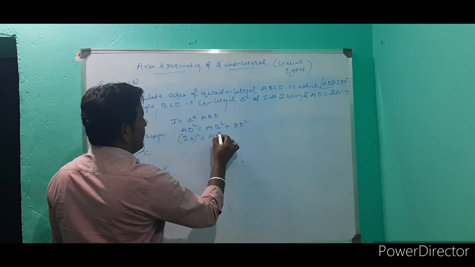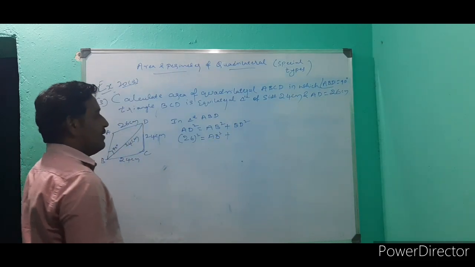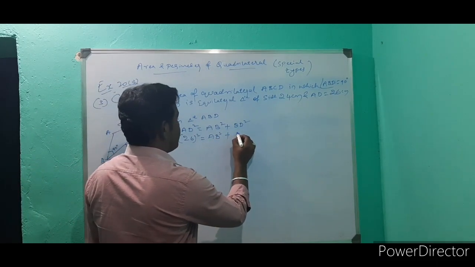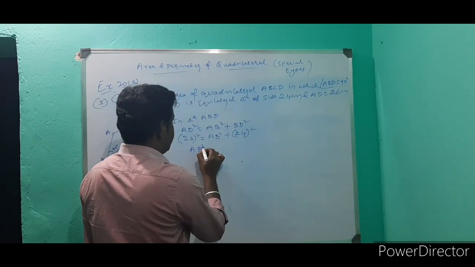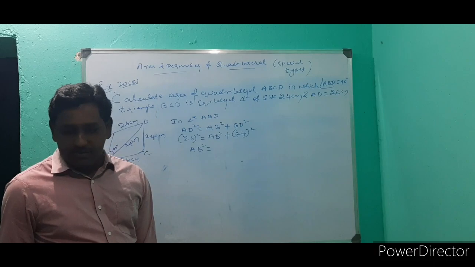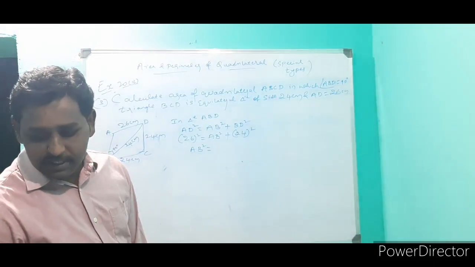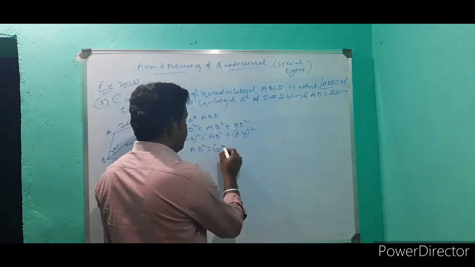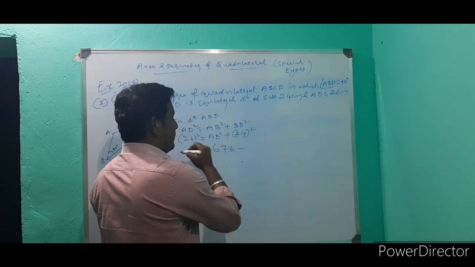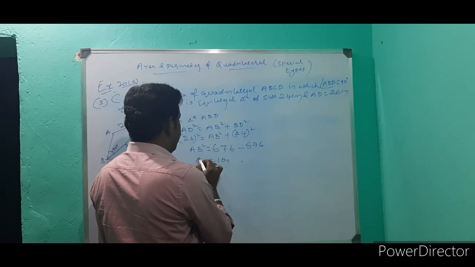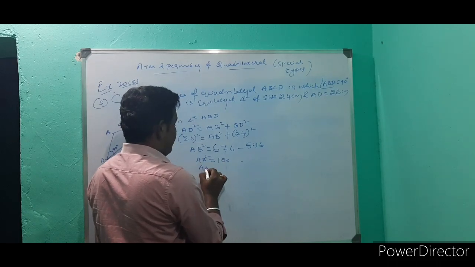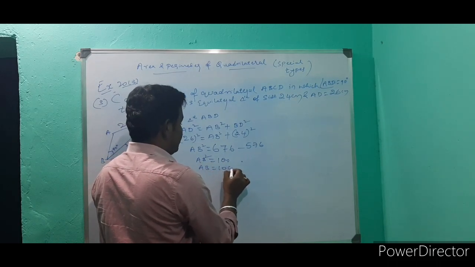AB we want to find out. BD value is 24 whole square. AB square is equal to 26 square, which is 676, minus 24 square, which is 576, that is 100. AB value is 10 centimeter.